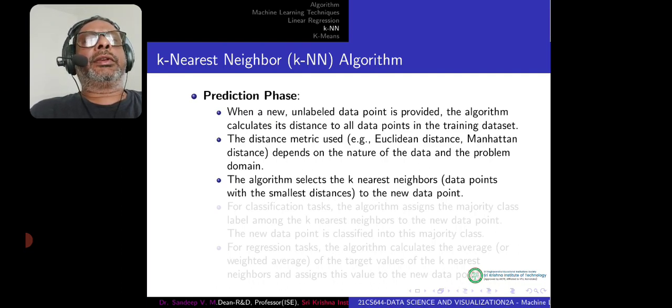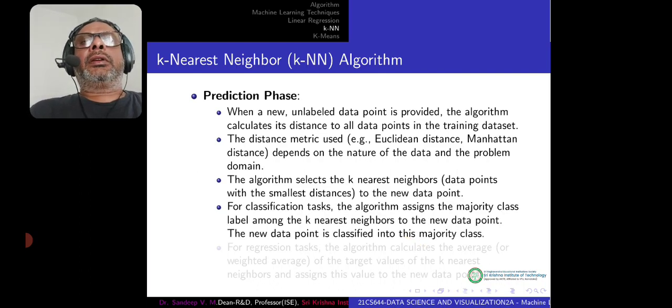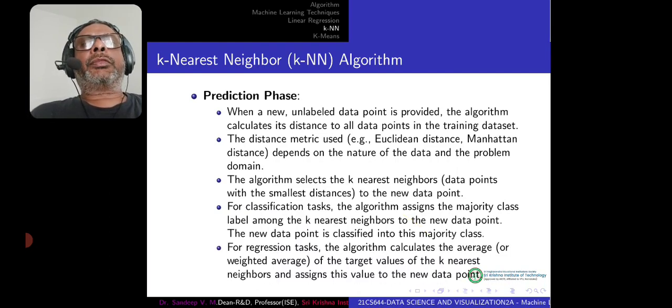That gives the k nearest neighbors. If we are trying to classify, then the majority class label among these k neighbors will be given to the new data point, so the new data point is classified into this majority class.